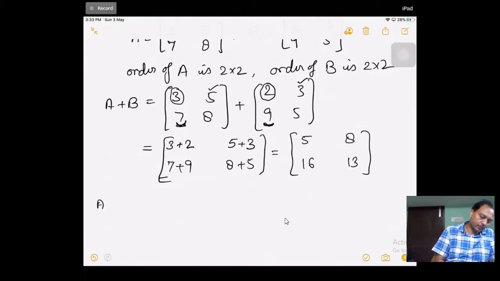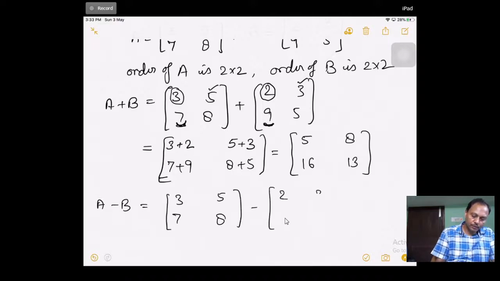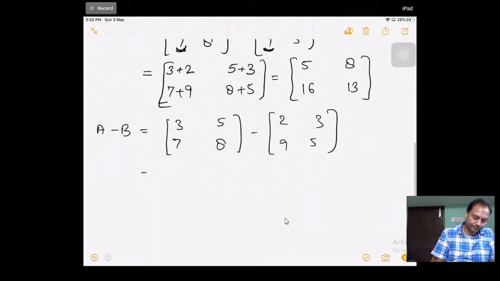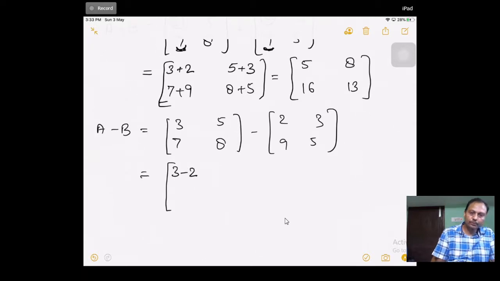Now we are going to subtract. It is 3, 5, 7, 8 minus 2, 3, 9, 5. It is 3 minus 2, the element of first row and first column. Now the element of first row and second column is 5 minus 3.